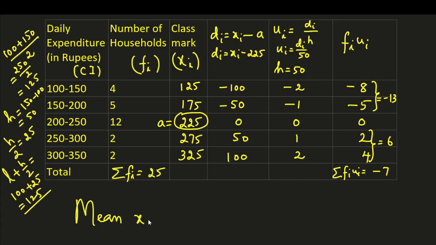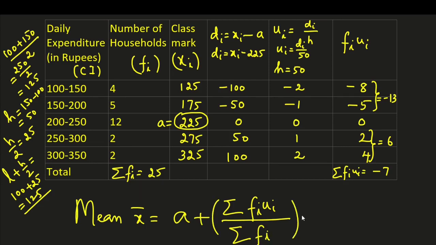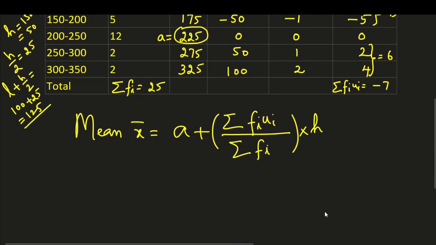Mean x bar is equal to A plus sigma FiUi by sigma Fi into H. Now substitute the values. We get A is equal to 225.